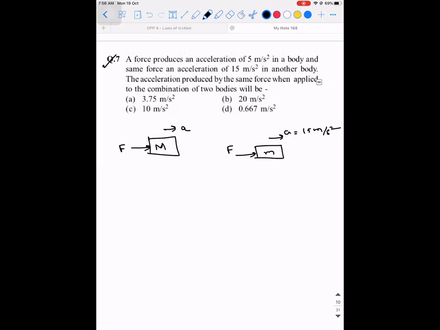Guys, you're able to understand. Now, what will be the acceleration of the system when both these blocks are tied together and the same horizontal force F is applied on it? How to solve? So, A is equal to. So how many unknowns are there, guys?